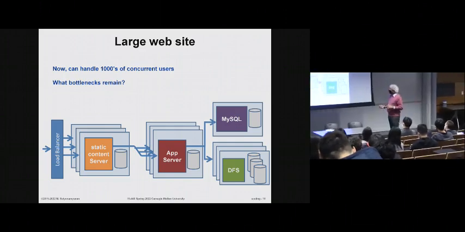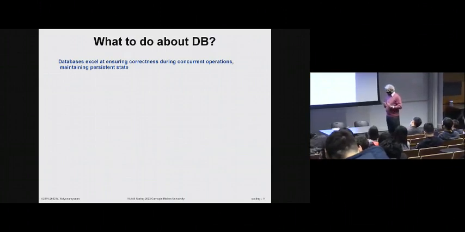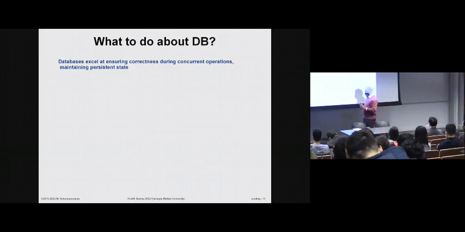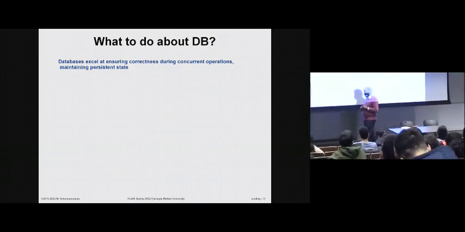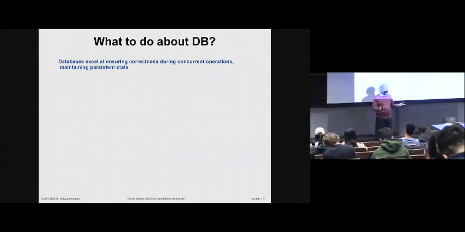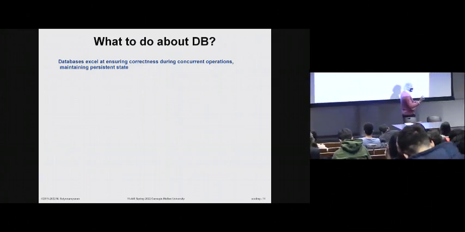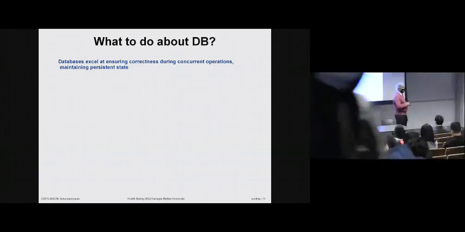All right. Simple so far. Now this database turns out to be a big problem. Distributed file systems like AFS, you throw more clients, as long as the workloads are biased towards reads, it'll work.